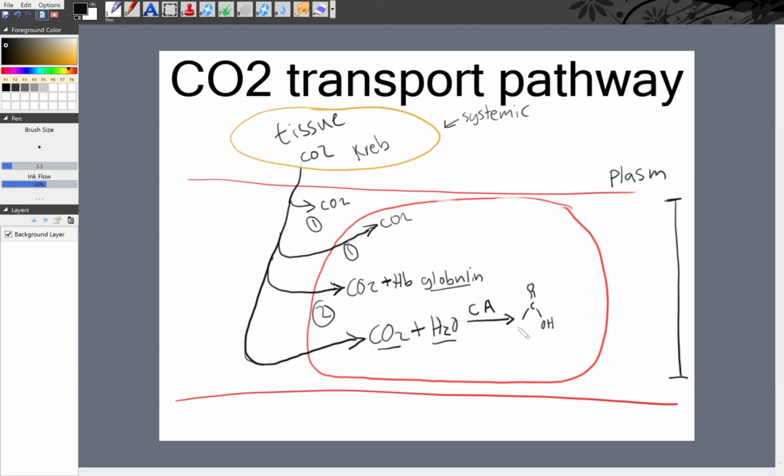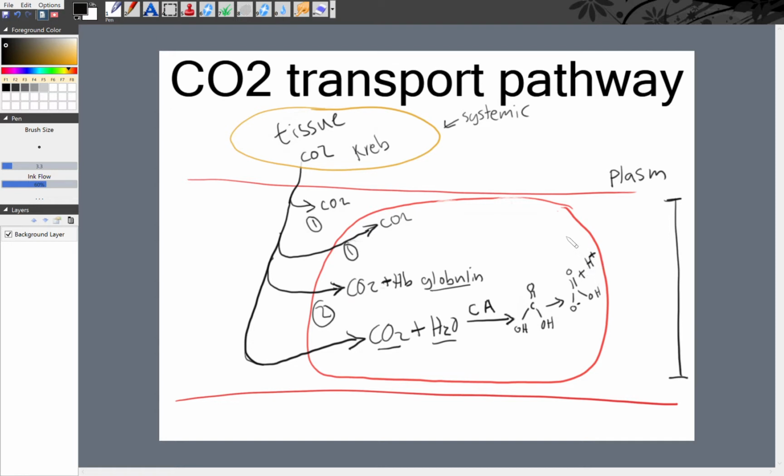This is carbonic acid, which dissociates and becomes bicarbonate and a proton that it lost.